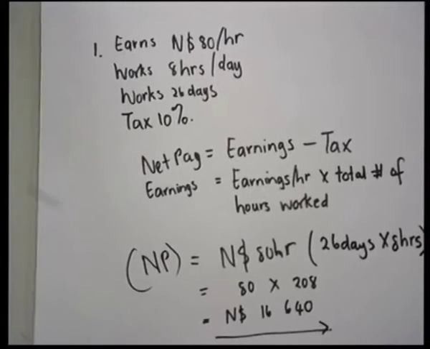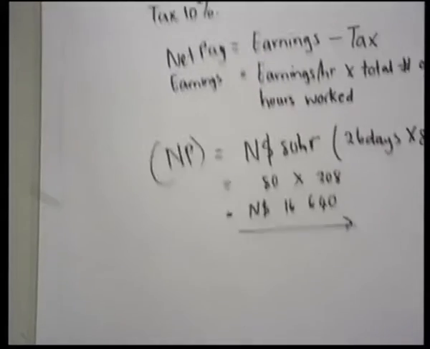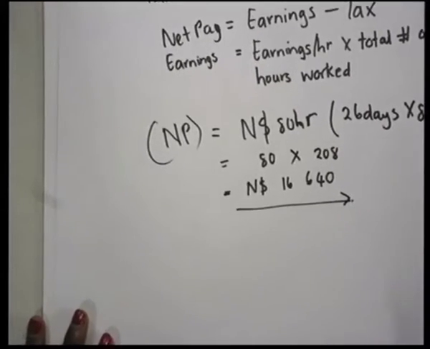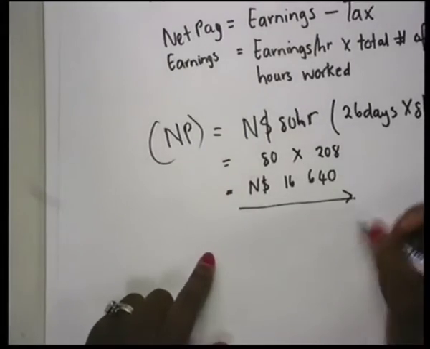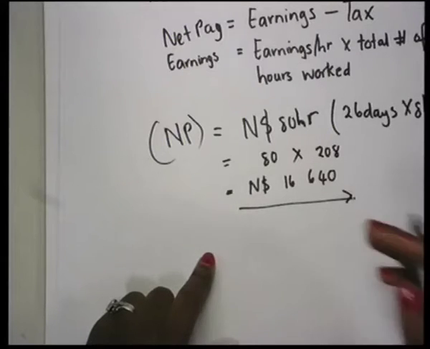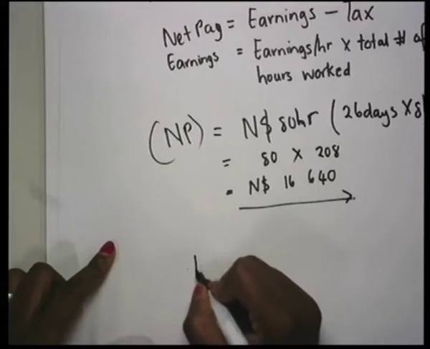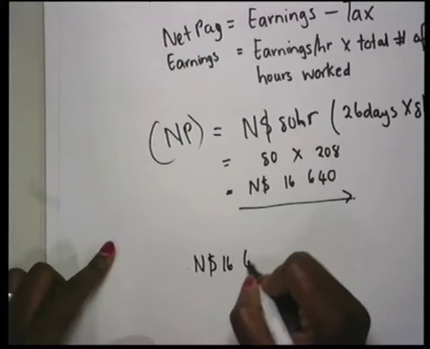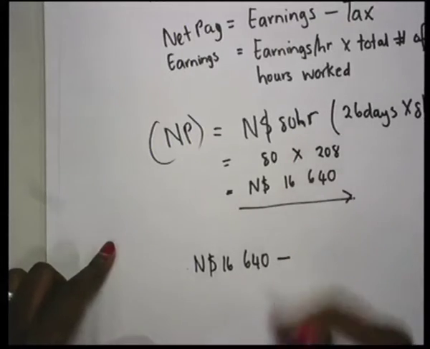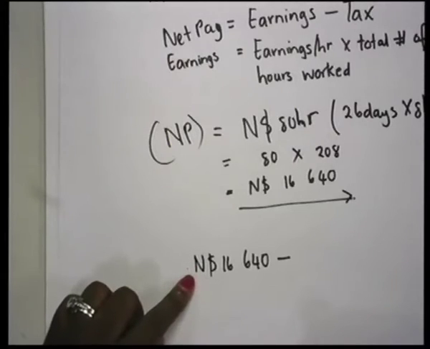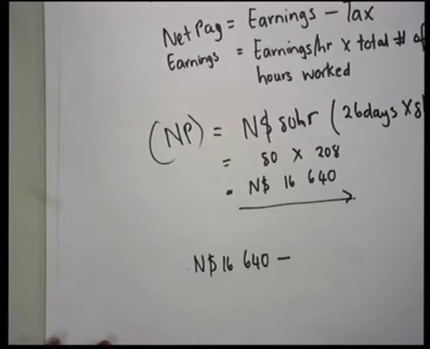As much as we've calculated the total earnings, we have been asked in our question 1 what will his net pay be? So we want to know what is his net pay. The second part of this is that net pay is equal to earnings less tax. So if his current earnings is 16,640, we need to also compute his tax, which we know is 10%. There's also a way to calculate tax, and tax is calculated as follows.